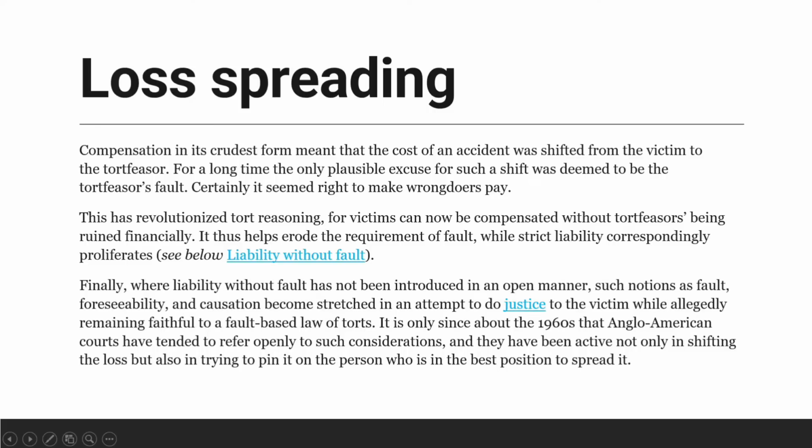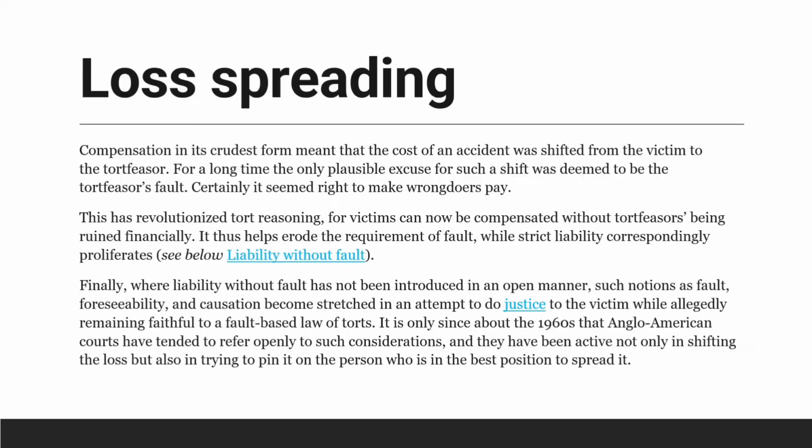Finally, where liability without fault has not been introduced openly, such notions as fault, foreseeability, and causation become stretched in an attempt to do justice to the victim while allegedly remaining faithful to a fault-based law of torts.